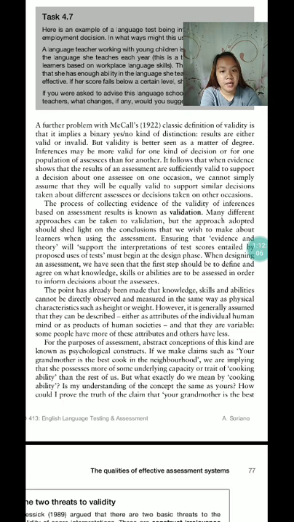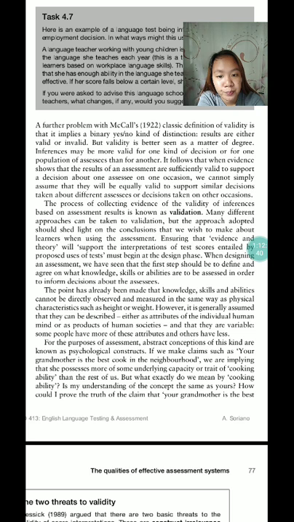If we make claims such as "your grandmother is the best cook in the neighborhood," we are implying that she possesses more of some underlying capacity or trait of cooking ability than the rest of us. But what exactly do we mean by cooking ability? Is my understanding of the concept the same as yours?